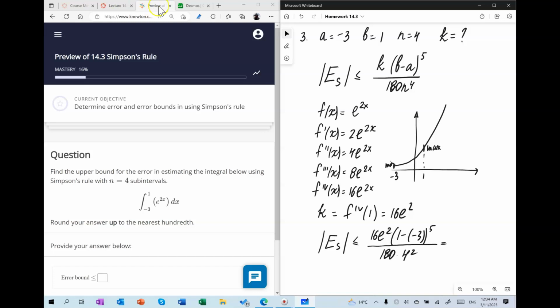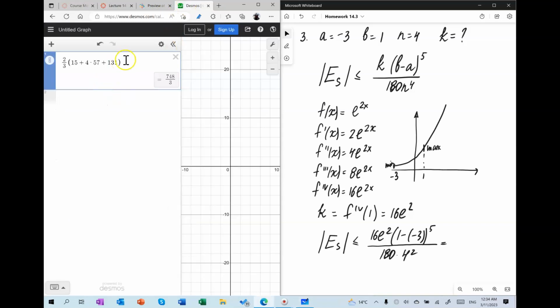And I'm just going to delegate this computational task to Desmos.